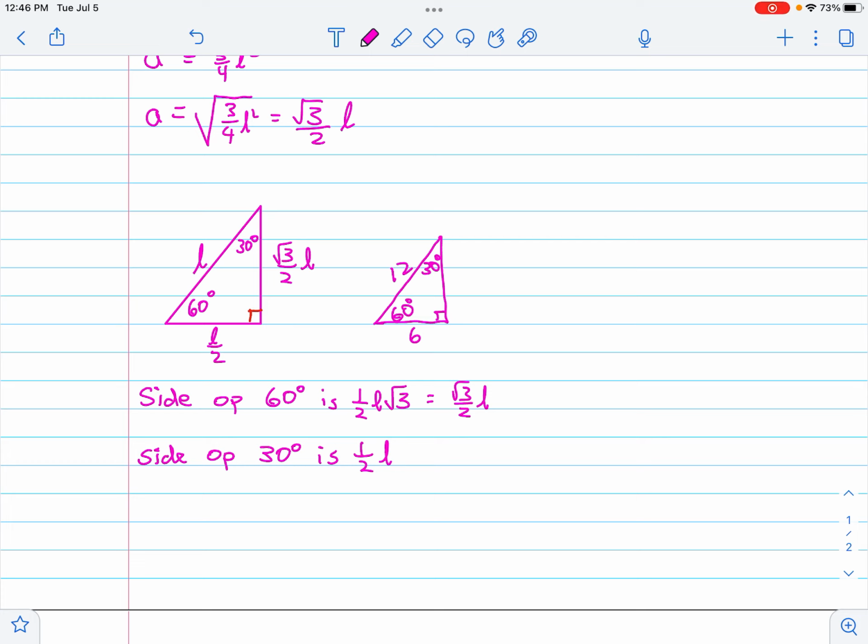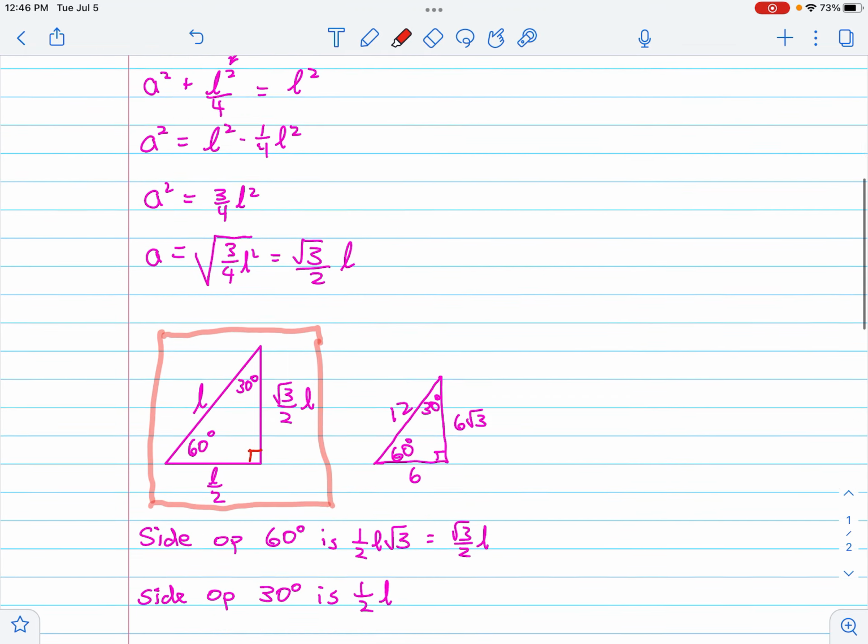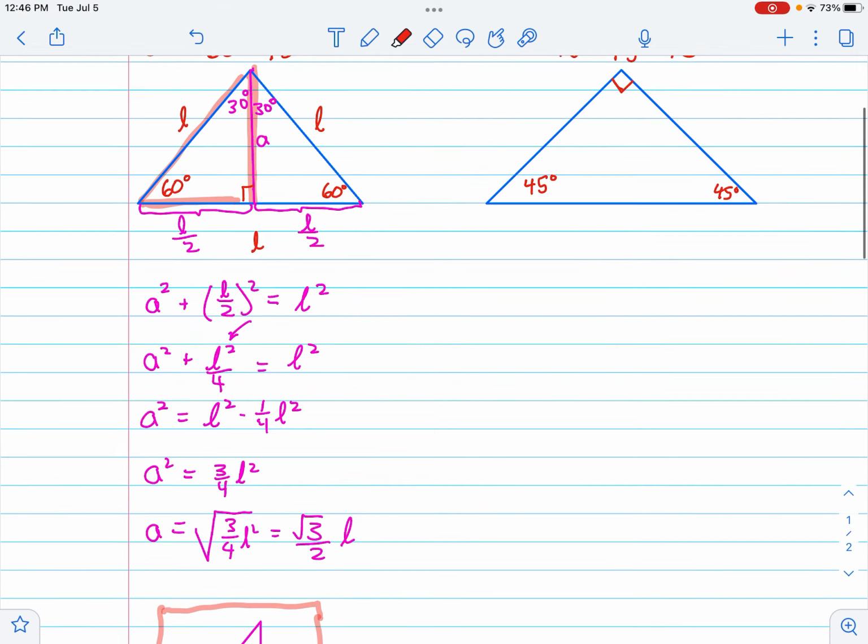The side opposite the 60 degrees is going to be 6 square roots of 3. See? That's the relationship that we have here. This is something you want to really lock into your mind, because you'll see reference made to this over and over again. So that's for a 30, 60, 90 triangle.